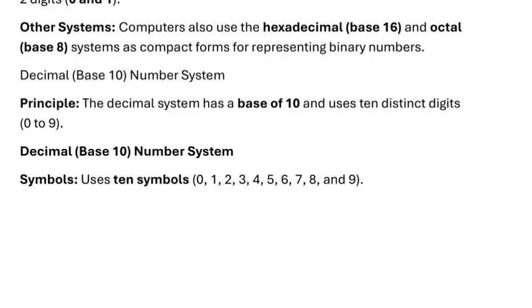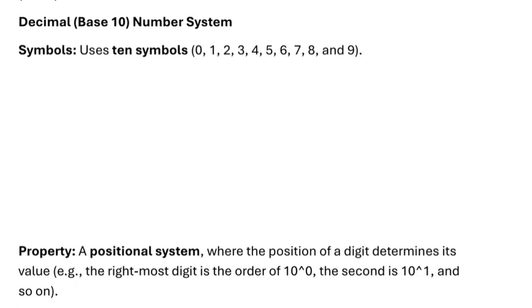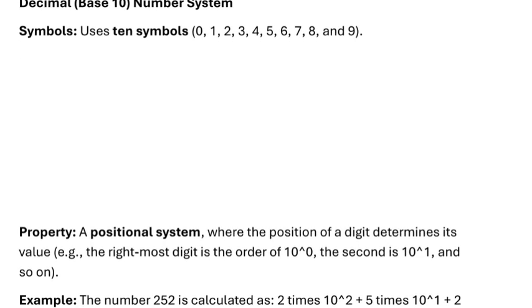Decimal, base 10, number system principle: the decimal system has a base of 10 and uses 10 distinct digits, 0 to 9. Symbols: it uses 10 symbols, 0, 1, 2, 3, 4, 5, 6, 7, 8, and 9.